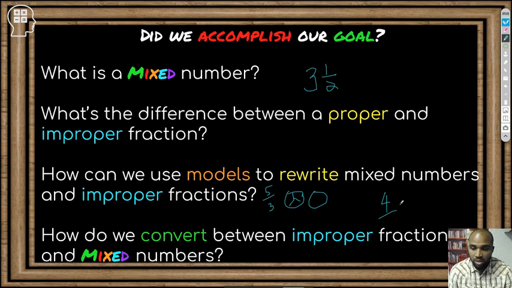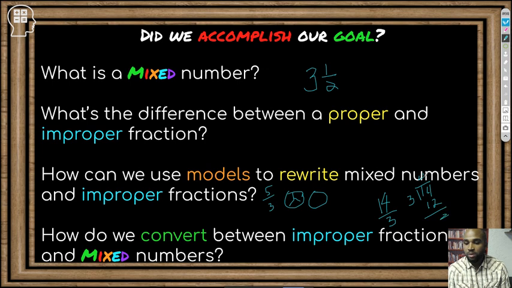Okay, let's do this one. How do we convert between an improper fraction and a mixed number? 14 divided by 3, and we showed that. So we just take that number divided by here, and that'd be 4, 12.